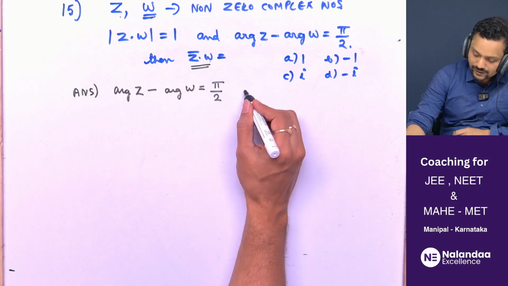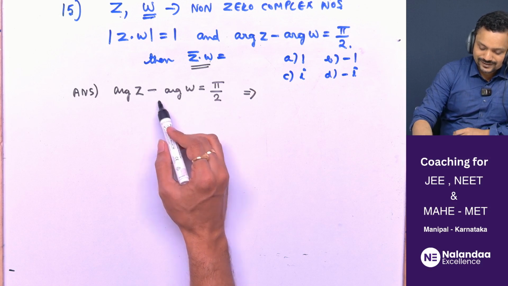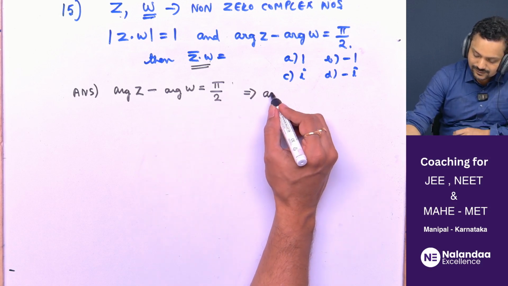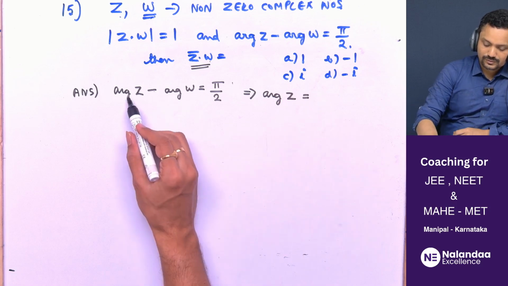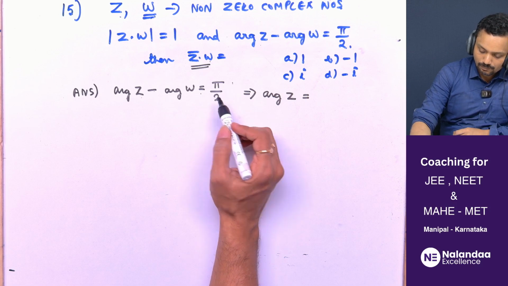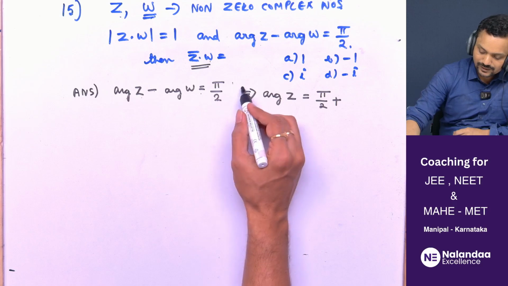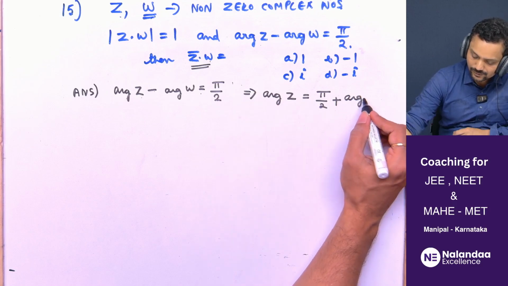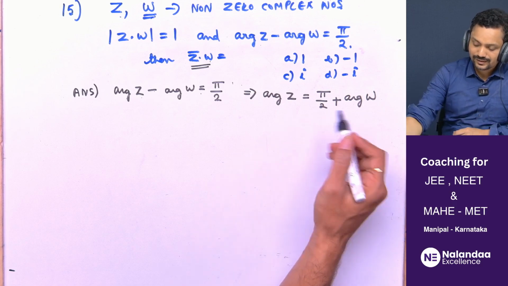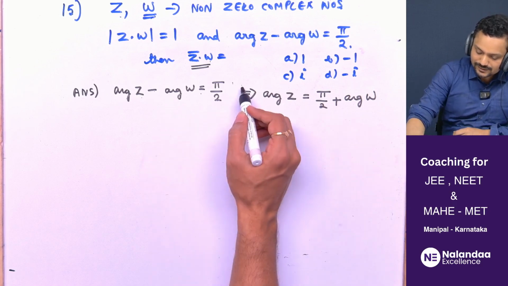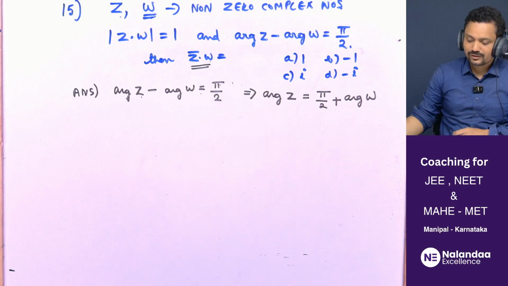I'll just move this minus sign to this side. So argument of z is equal to pi by 2 plus argument of omega. I have just moved this term to this side.